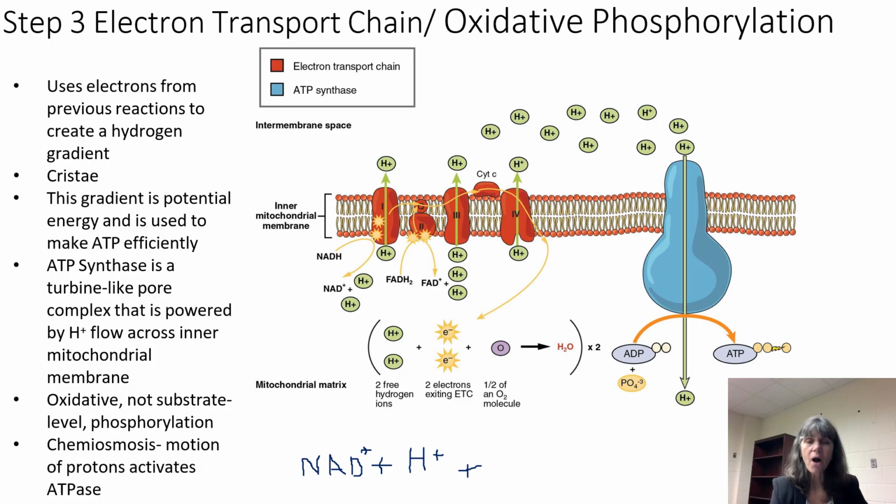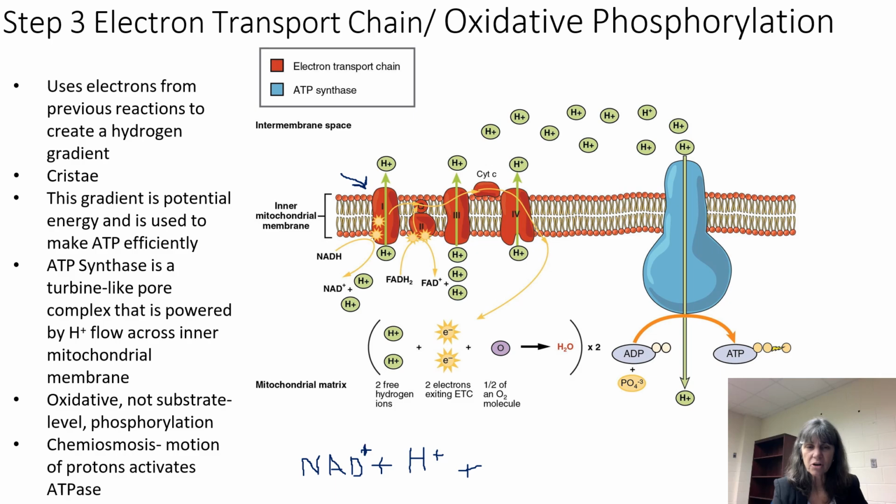Now we're going to go through oxidation when we go through oxidative phosphorylation. And so the proteins that are embedded in the cristae are going to have enzymes that are going to oxidize the NADH, and they're breaking it apart essentially. And what's going to happen is it's going to turn into NAD that is positively charged.